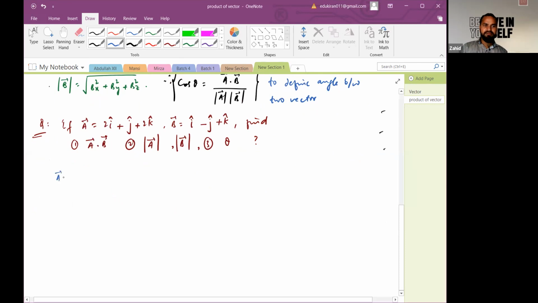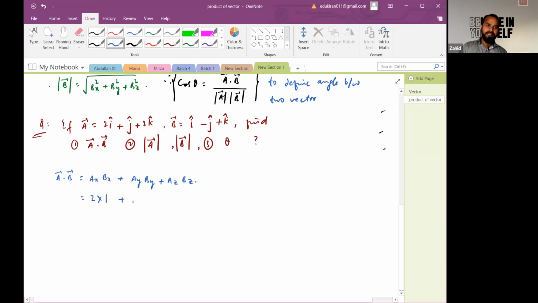To find A dot B first, it will be AX times BX plus AY BY plus AZ BZ. In this part, the coefficient of I cap is AX, so it will be 2 into the coefficient of I in B, which is BX.